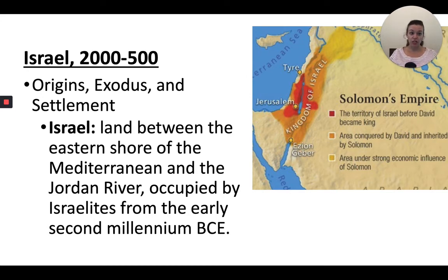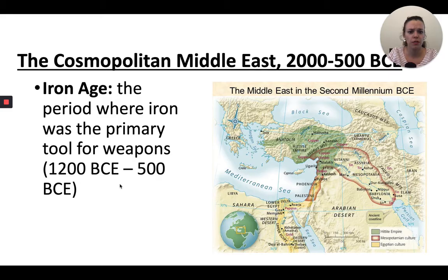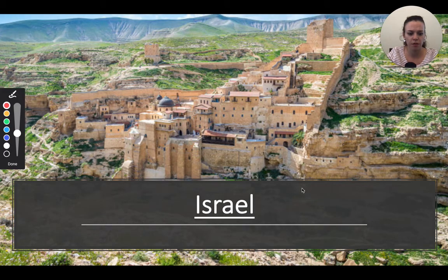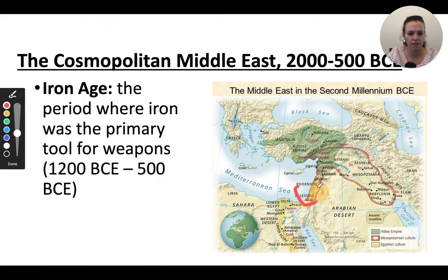Geography is important here as well. So Israel is located, I'm going to go back to a few slides, at an important crossroads for trade. So here is Palestine. So that means if Egypt wants to do trade with Mesopotamia, they have to go through here, right?